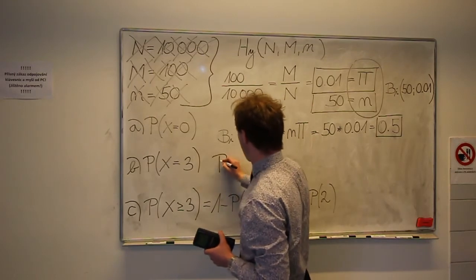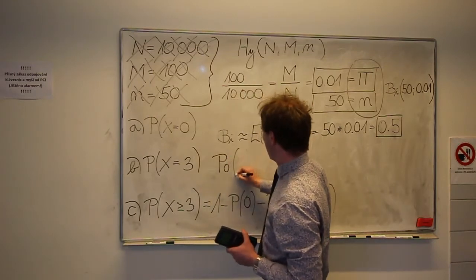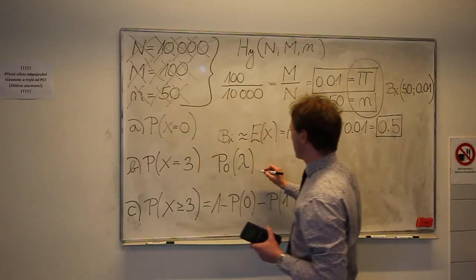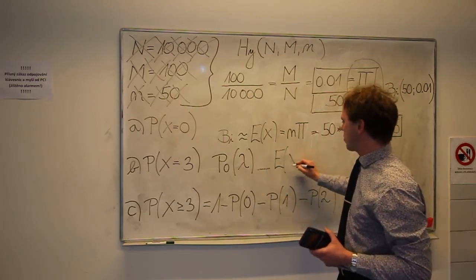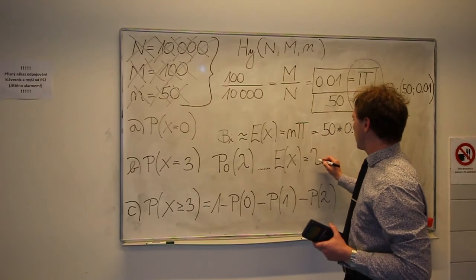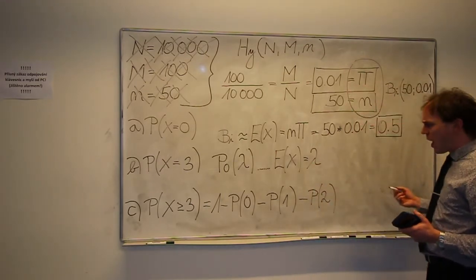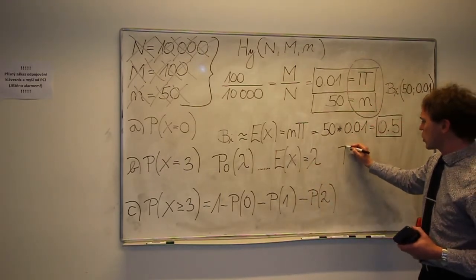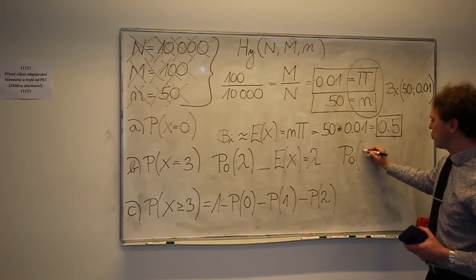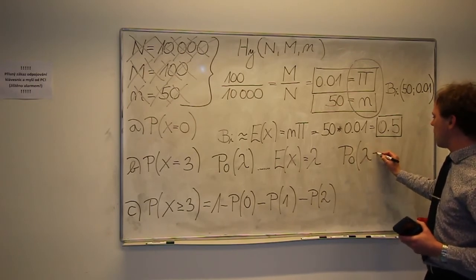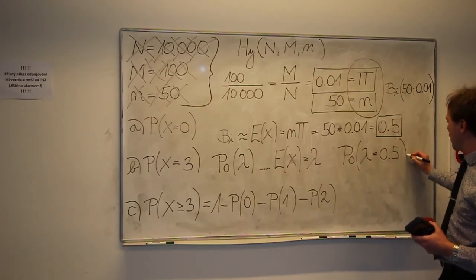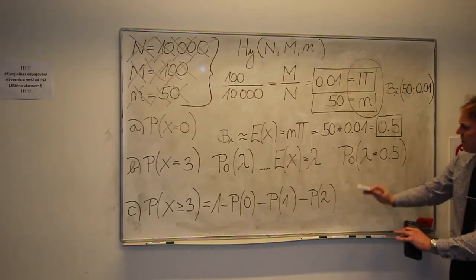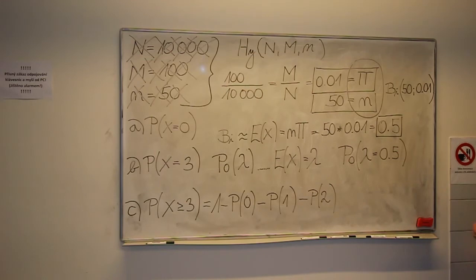We know that we have a Poisson distribution with parameter lambda, and in the case of Poisson distribution, expected value is equal to lambda. So now we will try to use Poisson distribution with parameter lambda equal to 0.5, and I will try to solve everything using Poisson distribution.